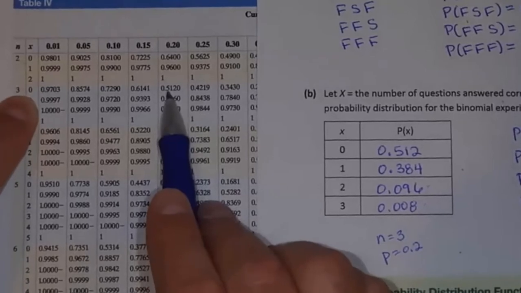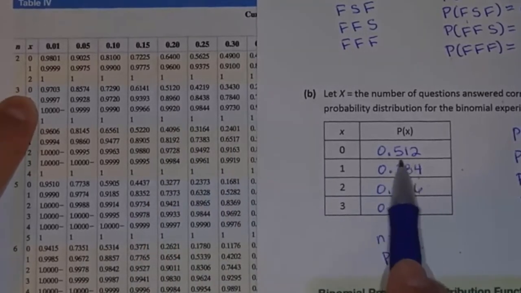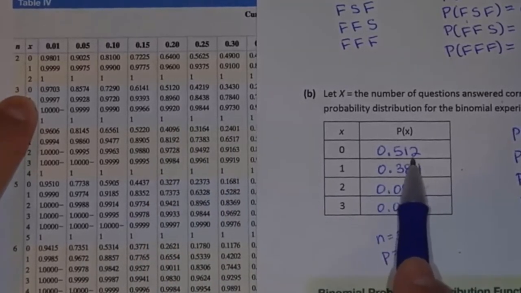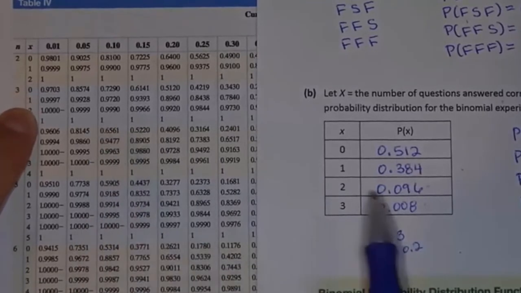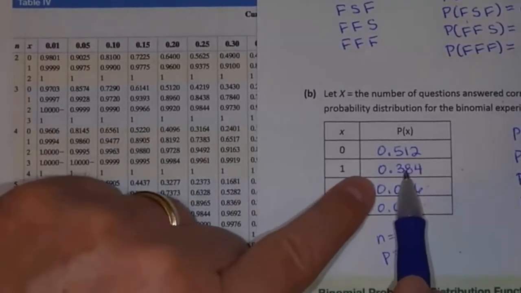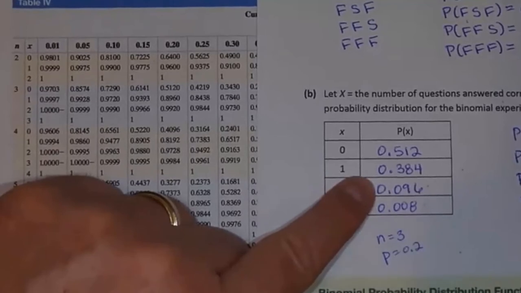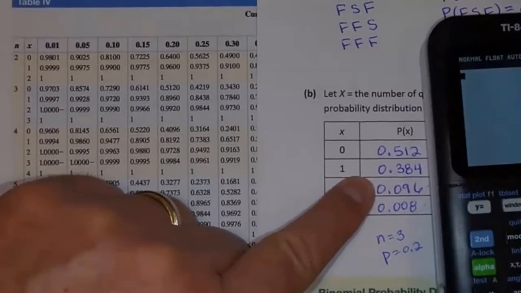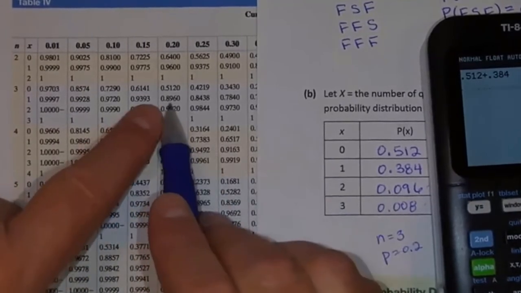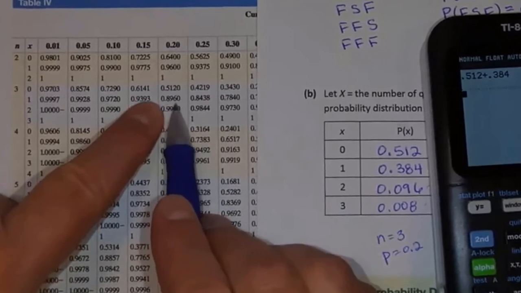So the probability of 0 or fewer successes is just going to be the 0.512. But the probability of 1 or fewer successes would be the 0.512 plus the 0.384, that's 0.896. That's the value that you're seeing right there.